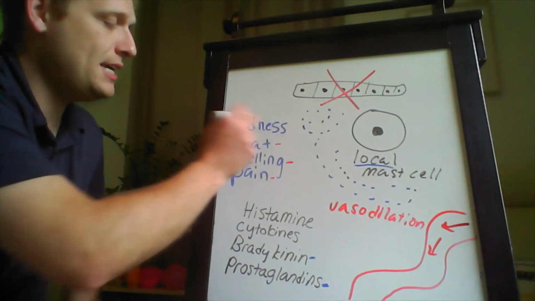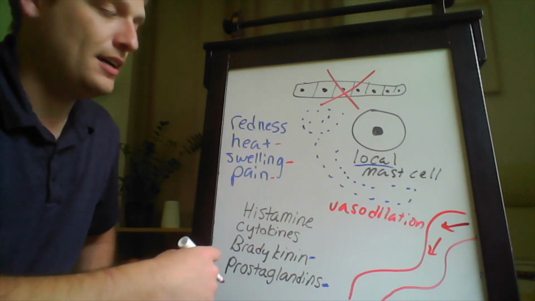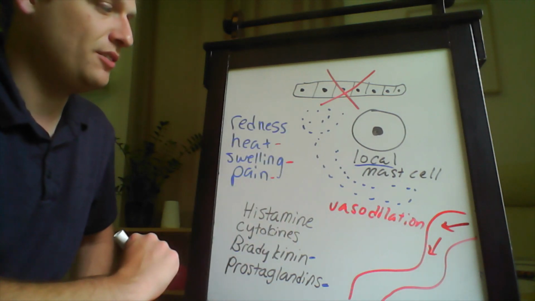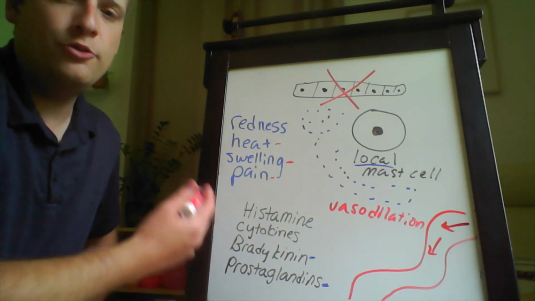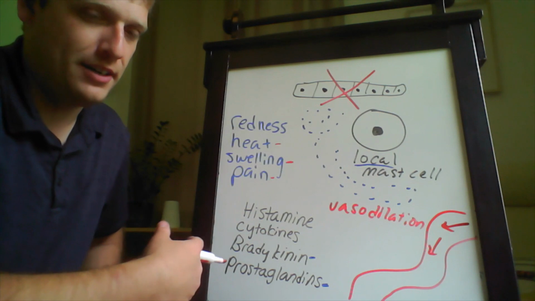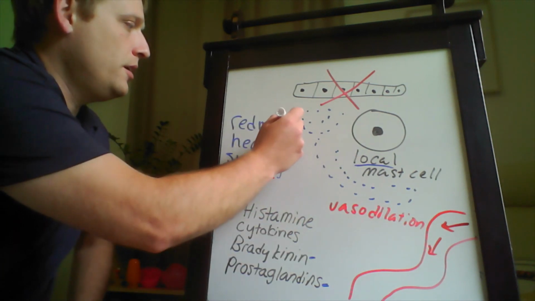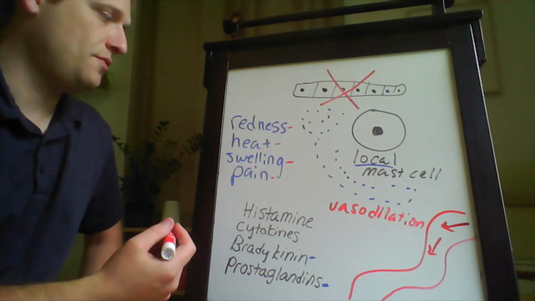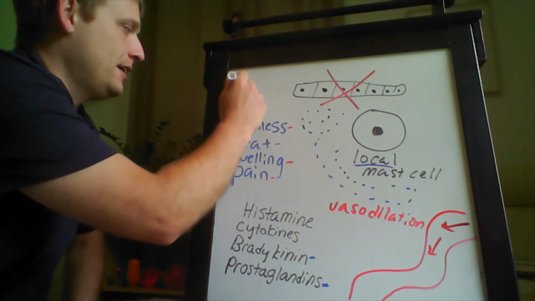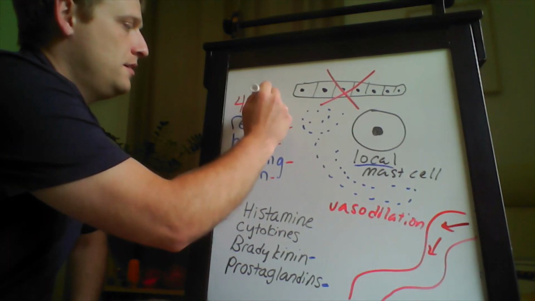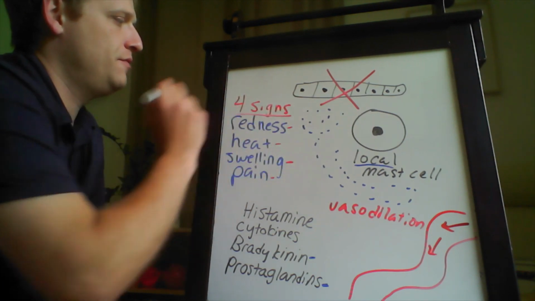So the heat is also going to be increased with that increased blood flow. And then redness. The more blood you have in an area, the redder it's clearly going to be. So that would be the reasons for seeing these cardinal signs of inflammation.